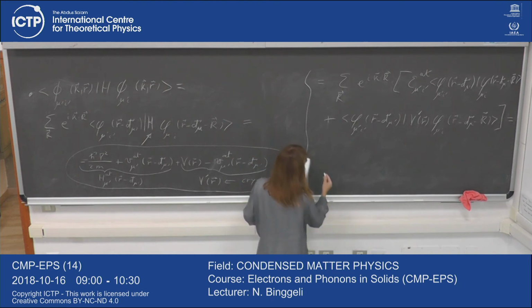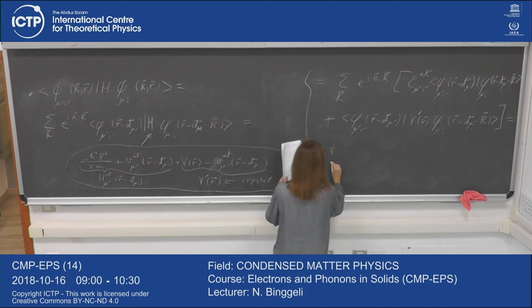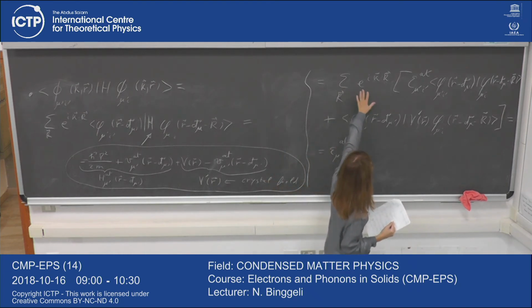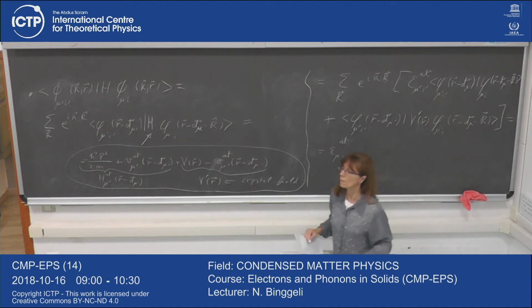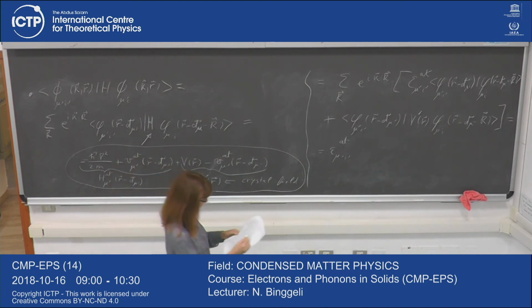Now I can rewrite this as epsilon mu prime I prime atomic, because this phase times this is exactly what I obtain for the matrix element between the two tight binding functions.